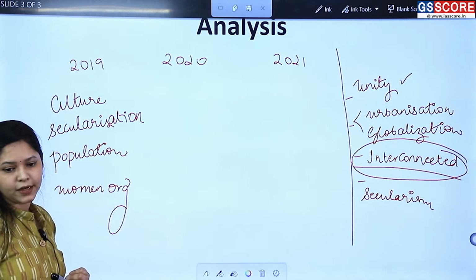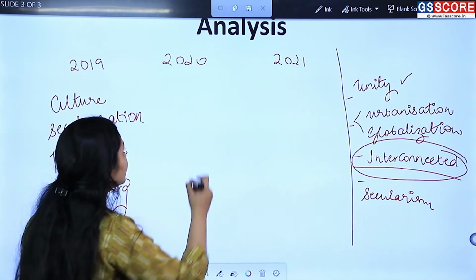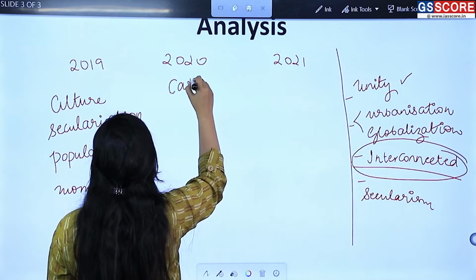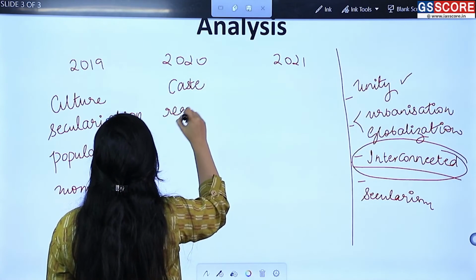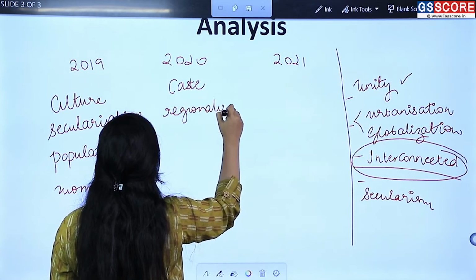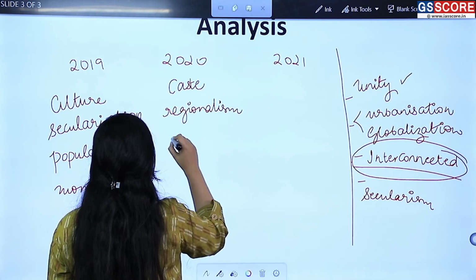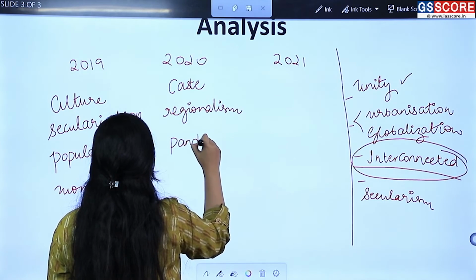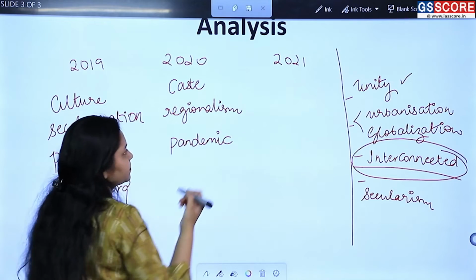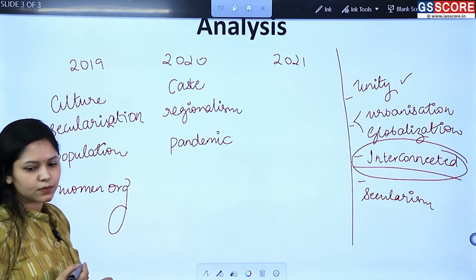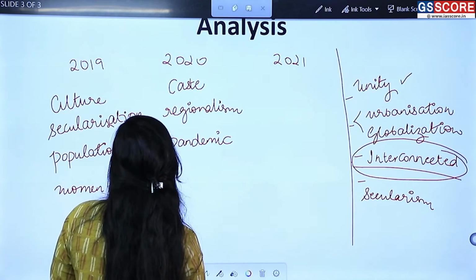And in 2020, we see caste, pandemic, regionalism, then culture and education.